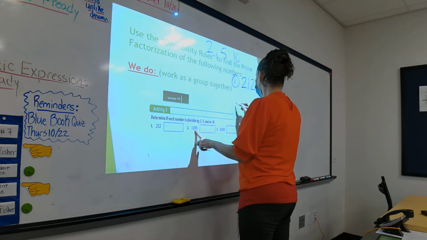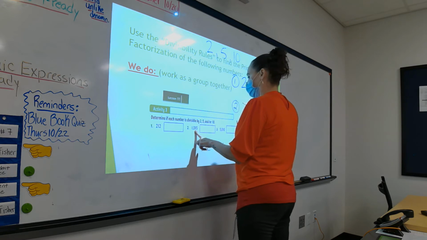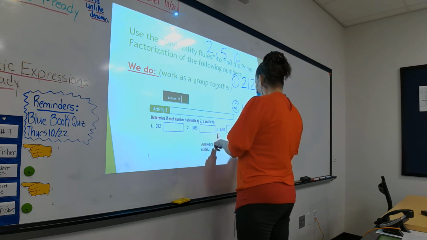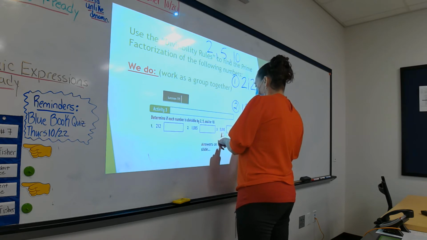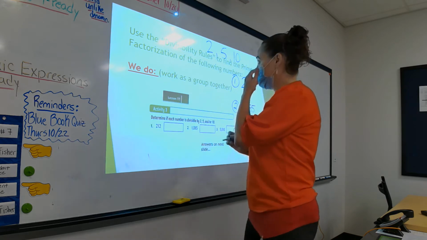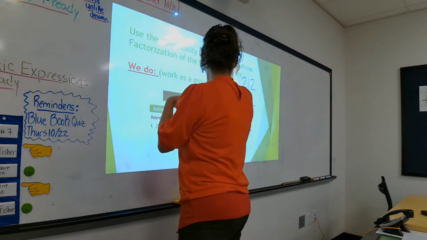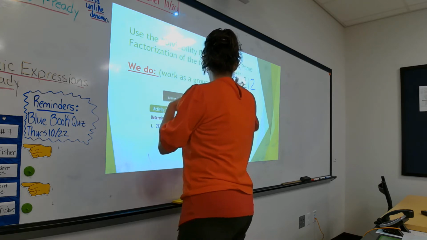Second number, 1085. And third number is 5010. Okay? So you're going to tell me for each of those numbers if it's divisible by 2, 5, and 10.